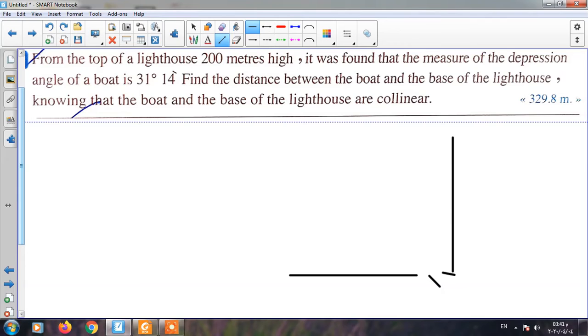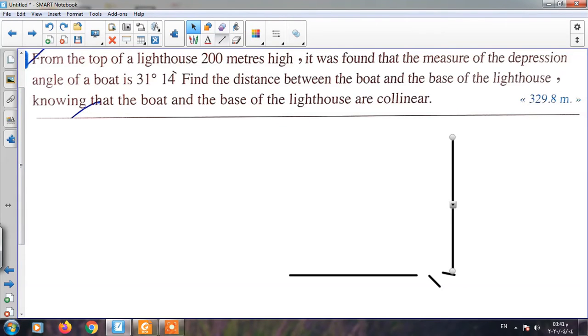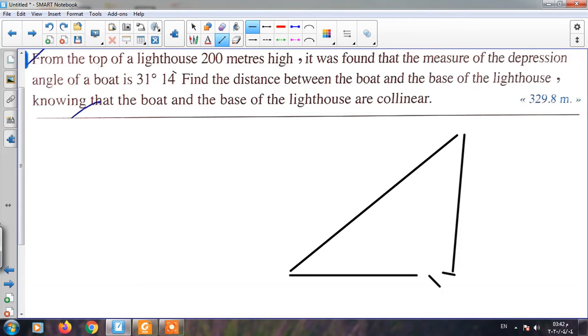The measure of the angle of depression is about 31 degrees and 14 minutes. So if he stops at the top of the lighthouse and starts to look down, you find that the angle of depression of a boat is 31 and 14.